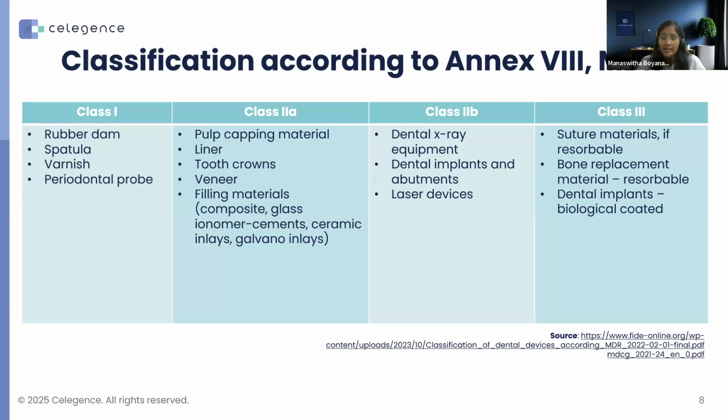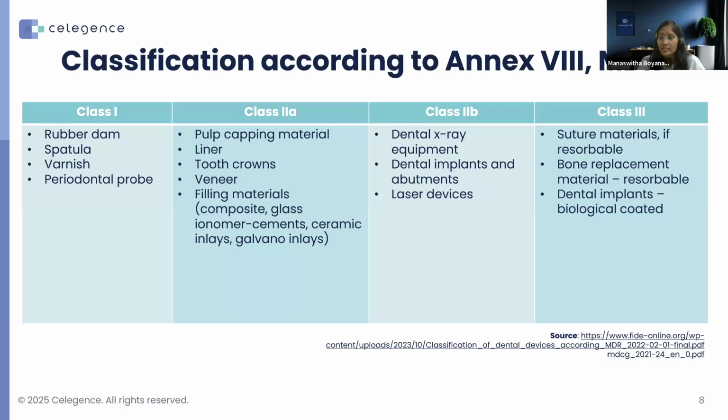Dental implants under MDD were generally classified as class 2A or 2B, and now under MDR, they're clearly classified as class 2B if not placed in the teeth, or even class 3 if the implants are biologically coated or resorbable. Similarly, bone replacement materials like bone grafts used in implant surgery, especially if they have a biological effect, or are wholly or mainly absorbed, are upclassified as class 3.